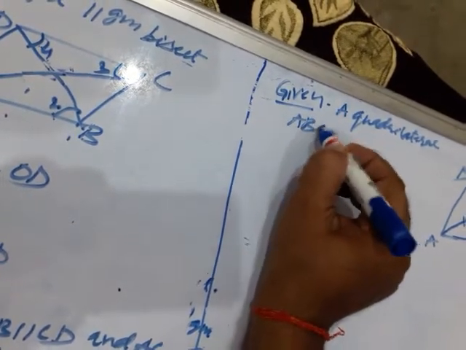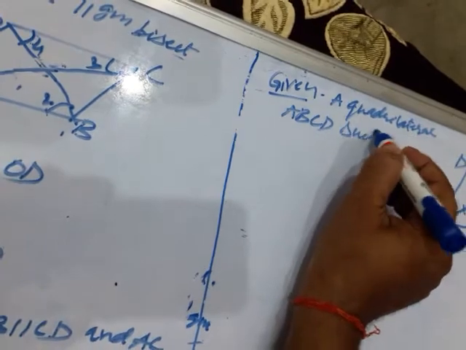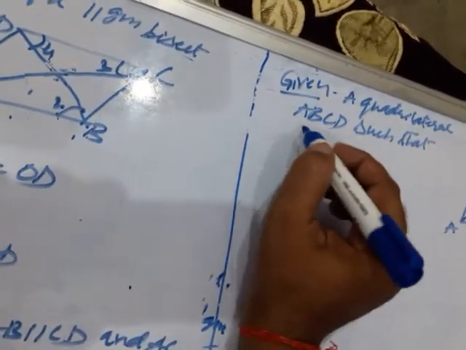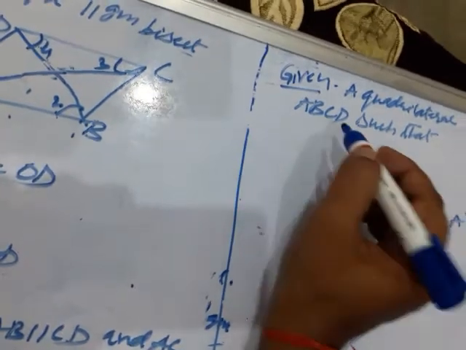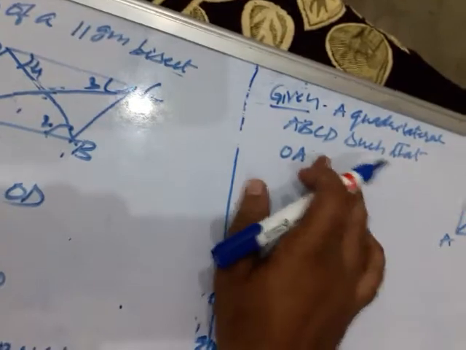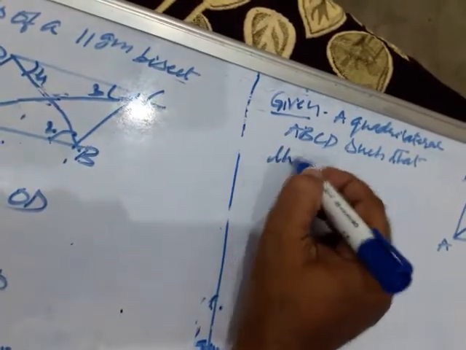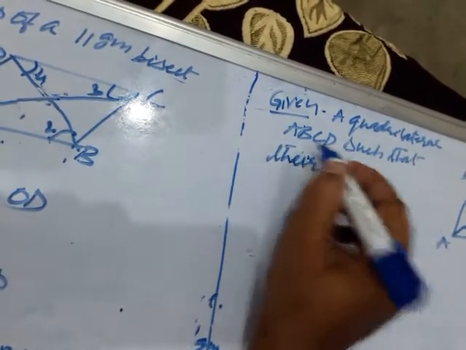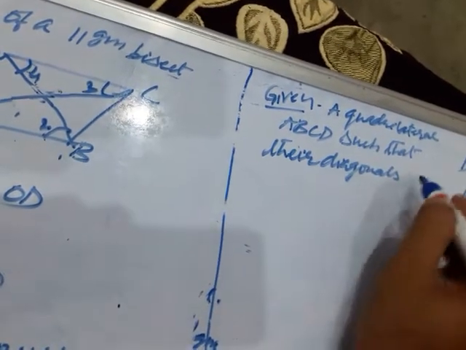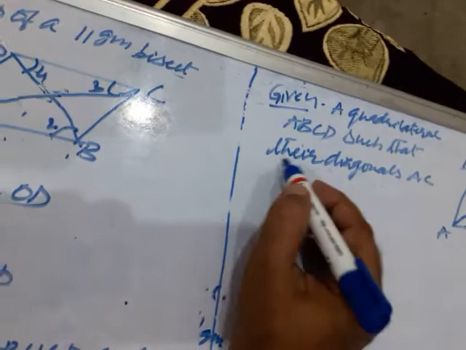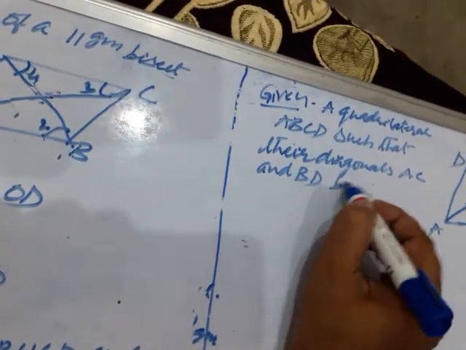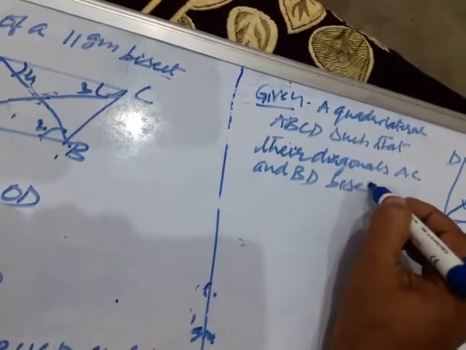ABCD such that the diagonals AC and BD bisect each other.